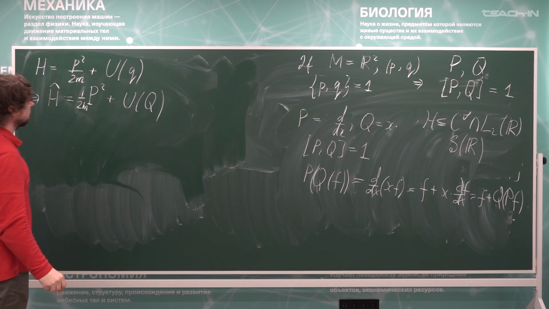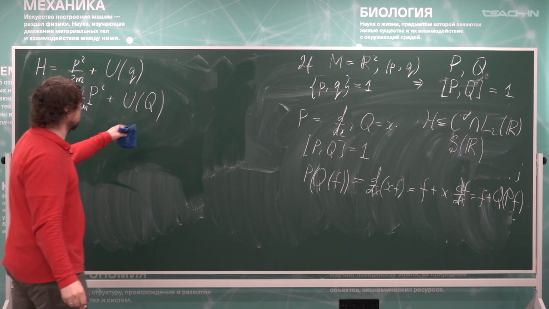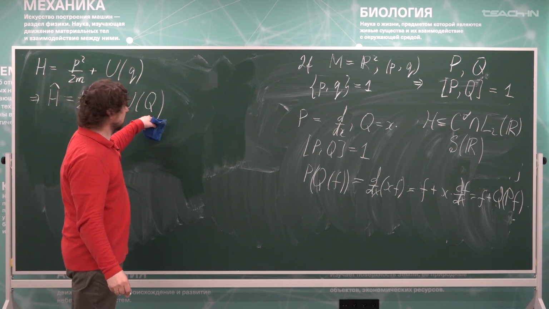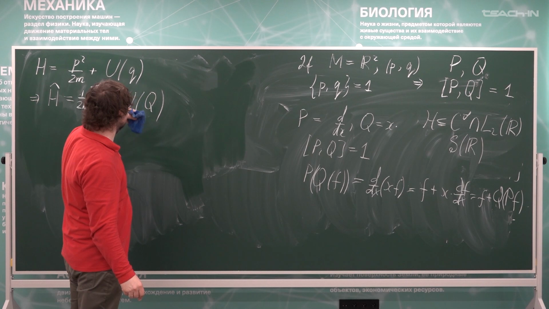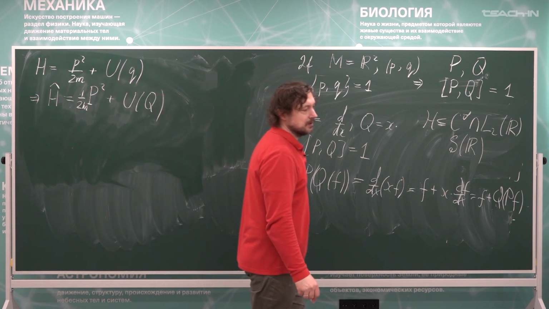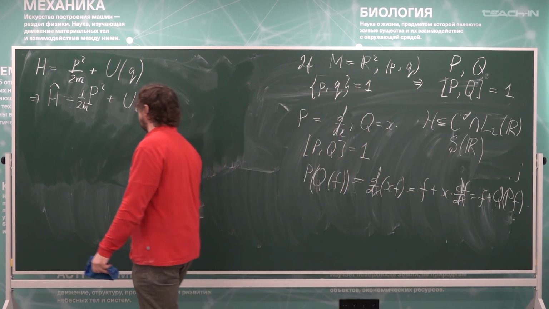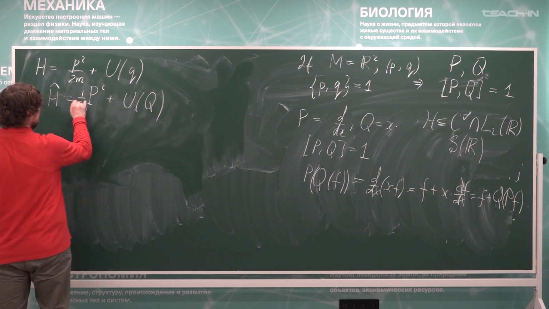Well, if u of q was a polynomial, then you can just take the polynomial of the operator Q. But if it were not a polynomial, you can use some kind of functional calculus on operators and define it, and you use it in a very natural way.